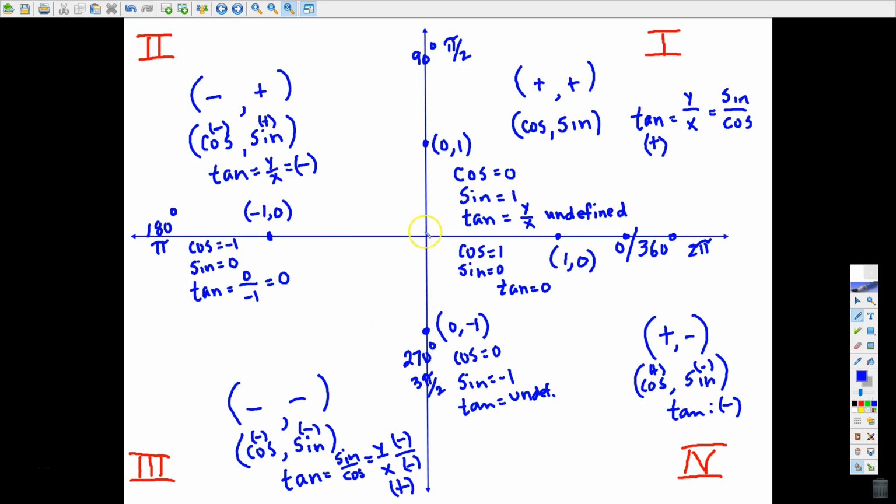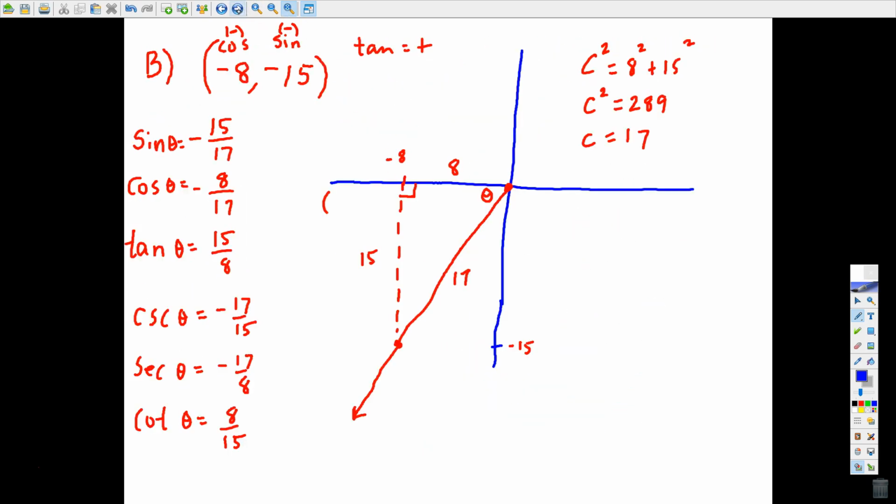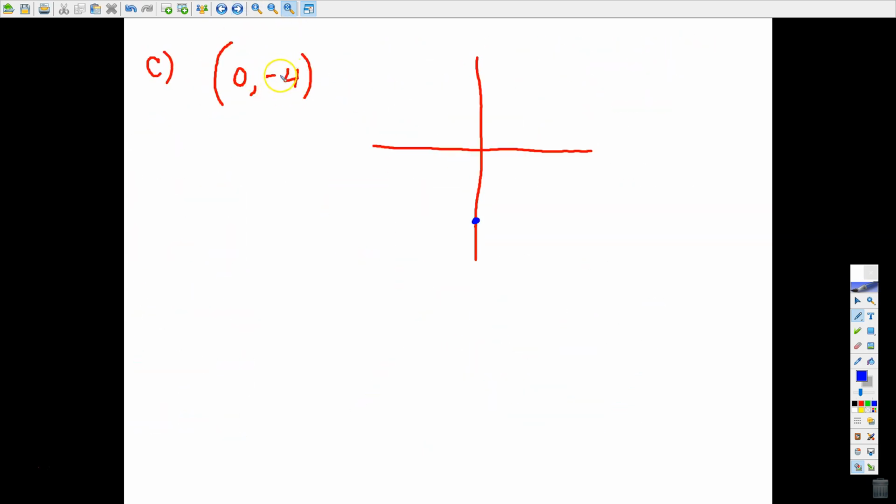And remember, on this particular quadrantal angle, this is always true. When you're down here on the negative y-axis, cosine is always 0 because that's the x-coordinate of any point on this negative y-axis. Sine is always -1. Now you're thinking, but it looks like it's -4.